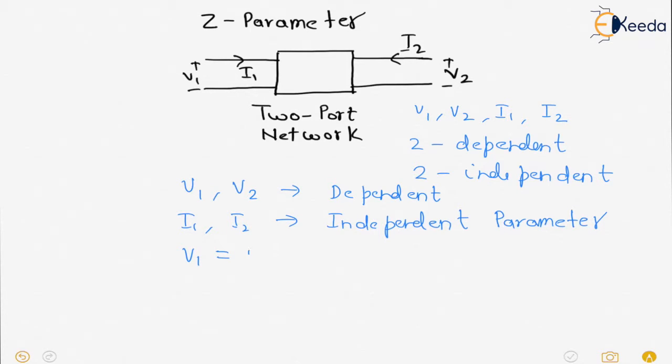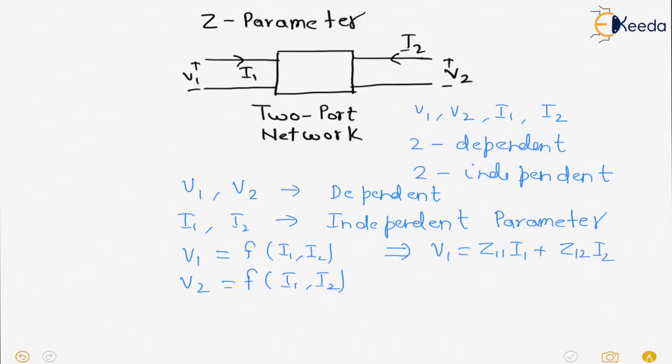It means we can write V1 is equal to f(I1, I2) and V2 is equal to f(I1, I2), and with the help of a proportionality constant we can write V1 is equal to Z11 I1 plus Z12 I2 and V2 is equal to Z21 I1 plus Z22 I2.